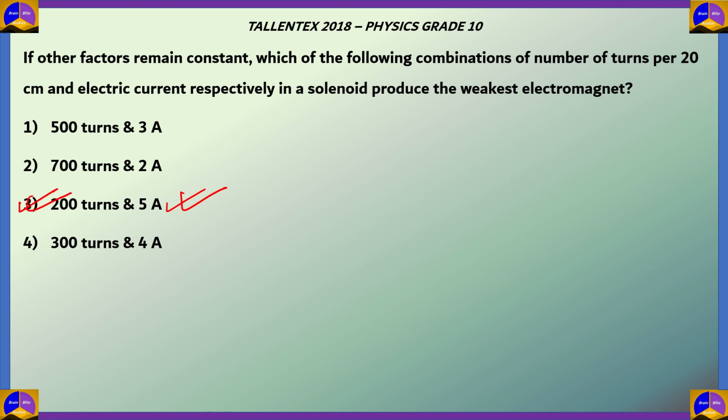The idea is to use B equals mu naught Ni over length. Here length is given, so we plug that value in, and the values of N and I are given in the question. So by substituting them and finding out the answer in terms of the permeability constant, that's mu naught, we will get option 3 as the right answer.